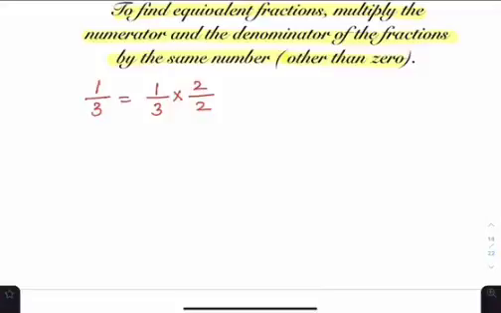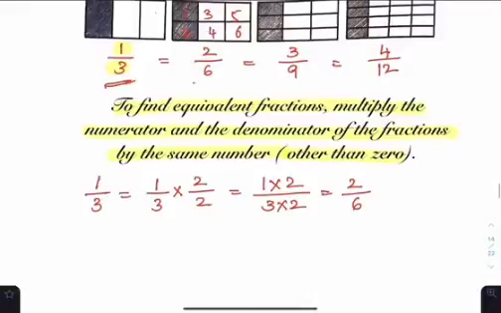Now, 1 into 2 divided by 3 into 2, correct? Now, 2 into 1 is 2 divided by 3 into 2 is 6. Now, what is the fraction that I have got here? It is the same one, right?